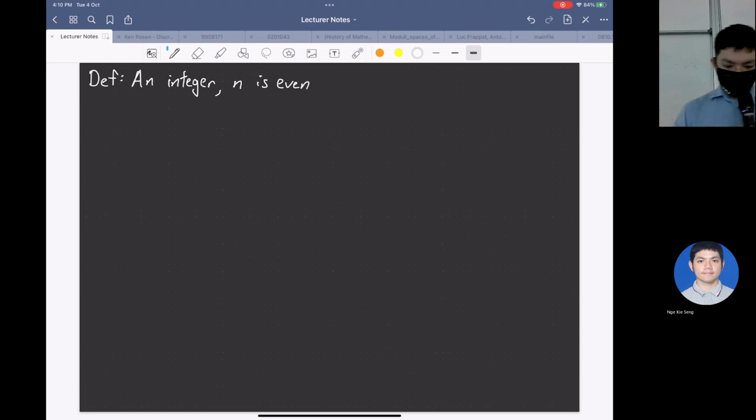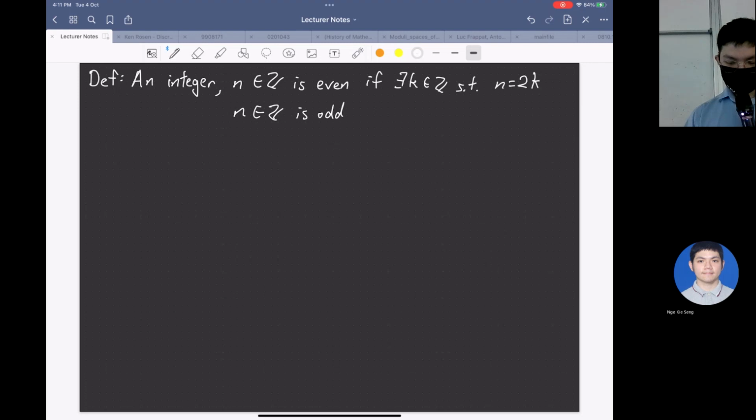When I say n is an integer, n should live in Z. Later you will see this symbol introduced again. We say that an integer n is even if there exists another integer k such that n is 2k. n is odd if there exists another integer k such that n equals 2k plus 1.